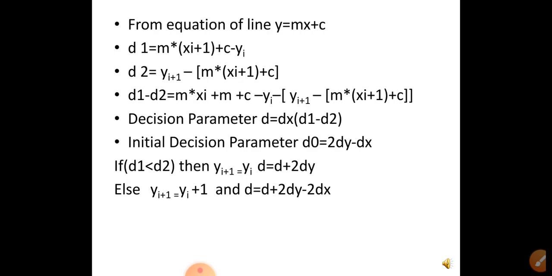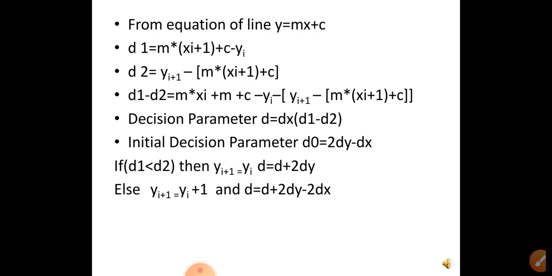How does this equation give the output 2 dy minus dx? I have given that in the Word file, you can refer to that. So what information do you get from this particular slide? Initial decision parameter 2 dy minus dx, initial x position x1, initial y position y1.